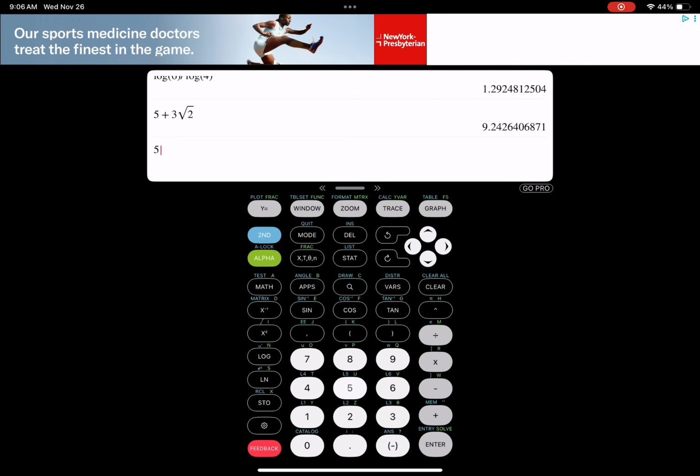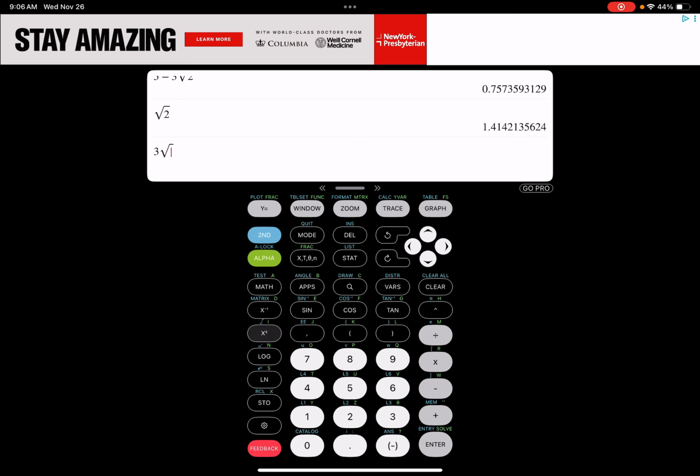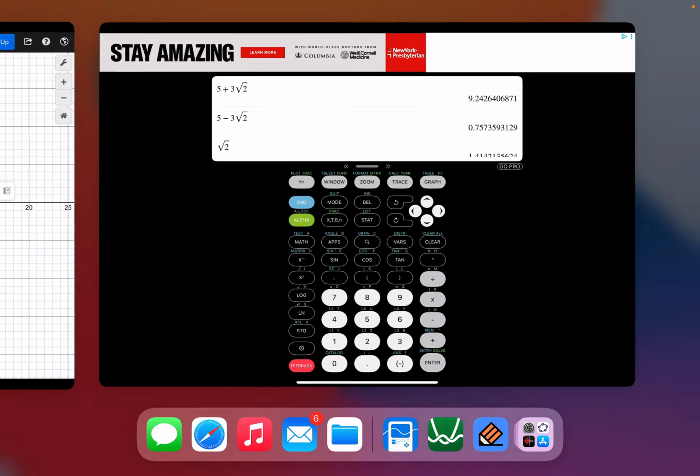And then 5 minus 3 root 2 is going to give us the other one, okay? And just remember, the square root of 2 is 1.414. So 3 times that is 4.242. And then when you add 5 to that or subtract that from 5, you get those two x-intercepts, okay?